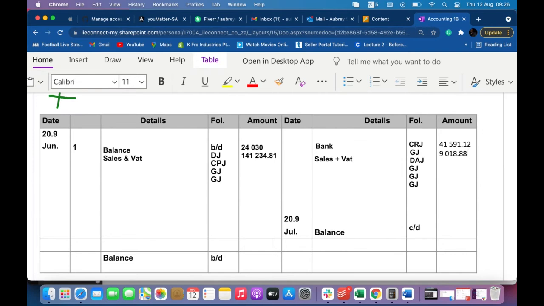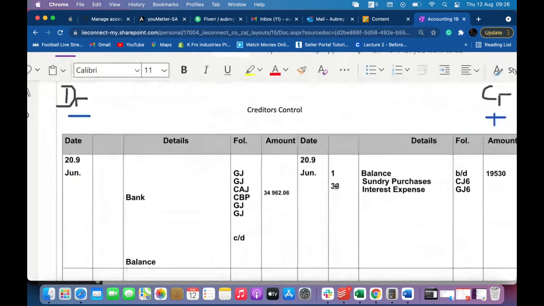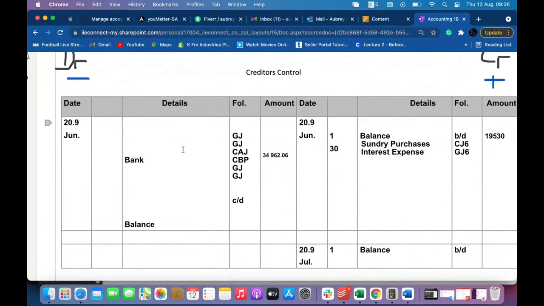Then we go to the next one. Settlement discount received from trade creditors in the general journal. Settlement discount received. So this time it's going to reduce our creditors, so it's going to come this side.